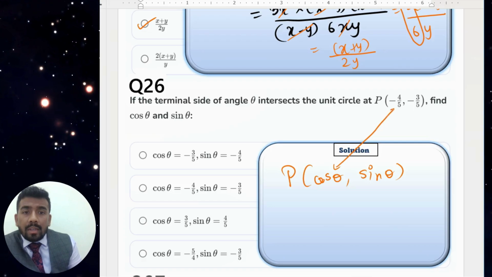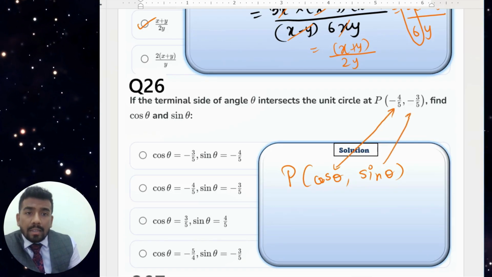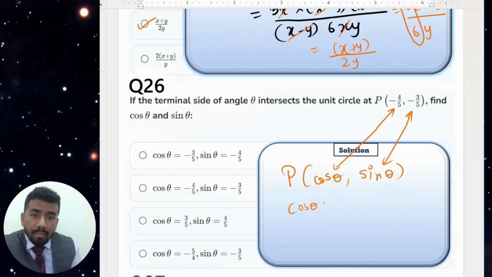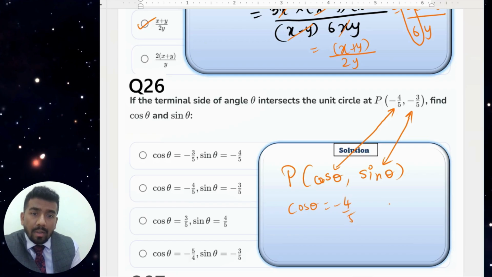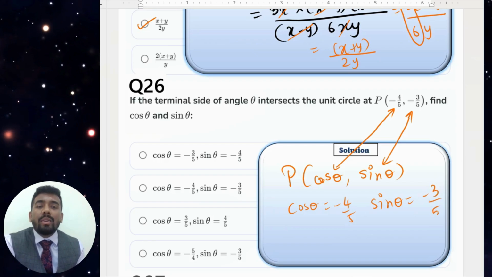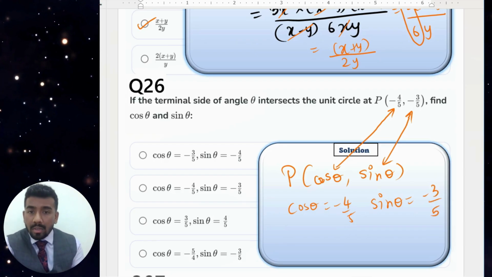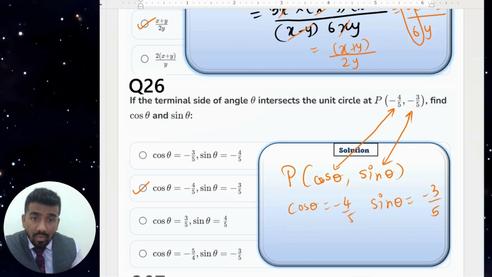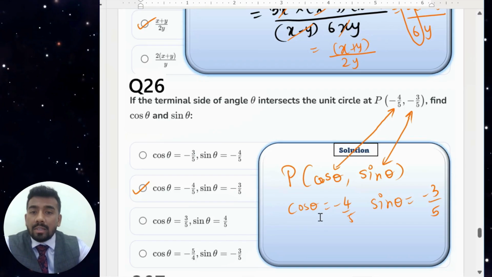So cosine theta is your x and sine theta is your y. So what's your cosine theta? Minus 4 over 5. And what's your sine theta? Minus 3 over 5. So which option? Be careful, okay? Cosine theta minus 4 over 5, sine theta minus 3 over 5. That's it. Option B.